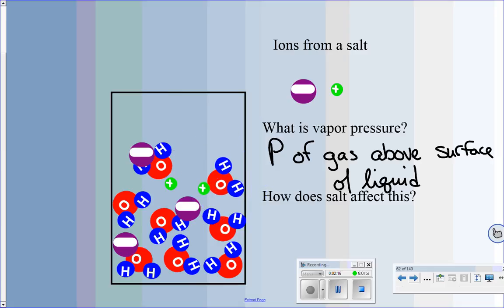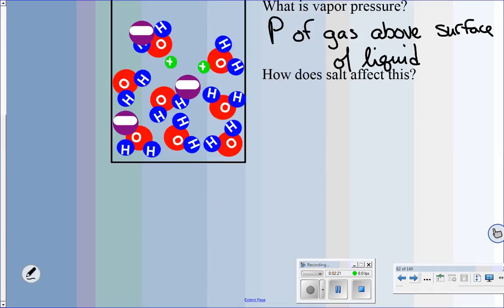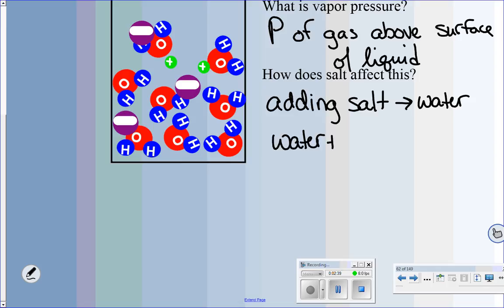Remember, salt has a ridiculously high boiling point. So when we add salt to a mixture of water, the salt particles are going to be attracted to the water molecules. Because the salt does not want to evaporate, it makes it harder for the water molecules to do so.